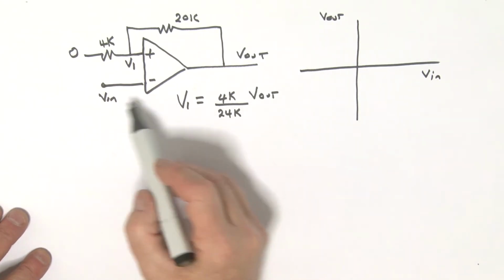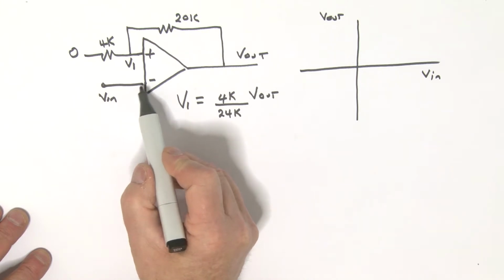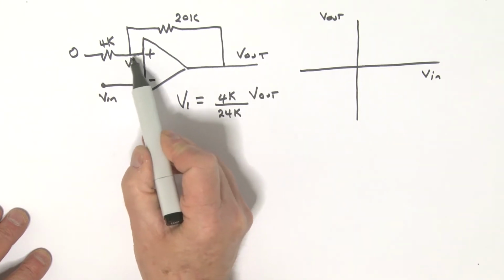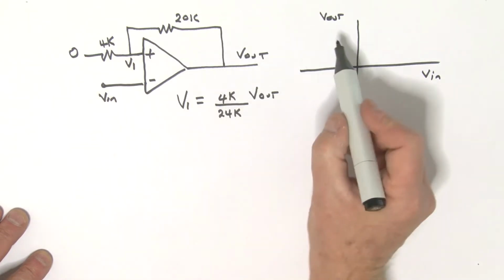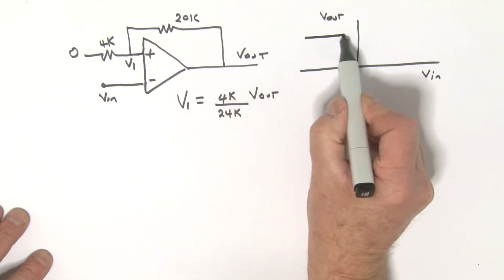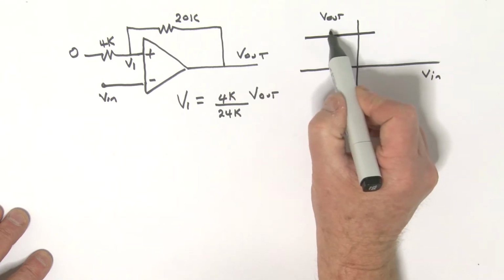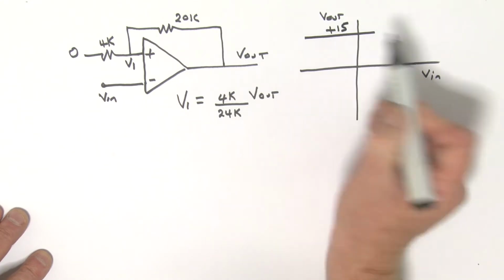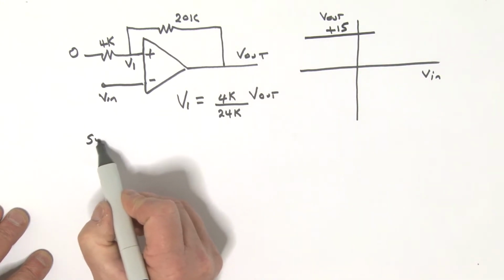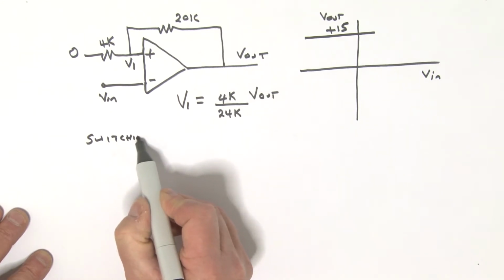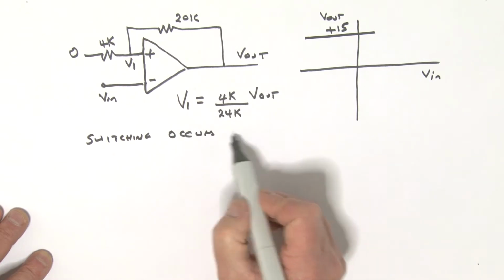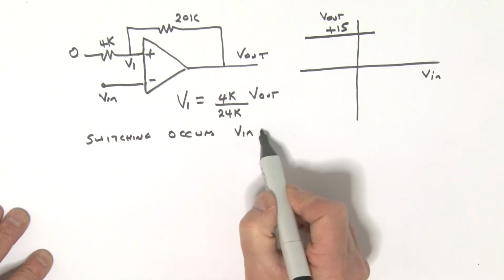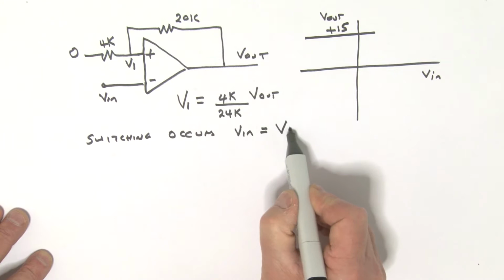Switching is going to occur then when this Vin becomes equal to that V1 term. Now let's look at a starting case. Let's look once again at this output starting off, let's say, at a plus 15. So we're going to say switching occurs when basically Vin becomes equal to V1.